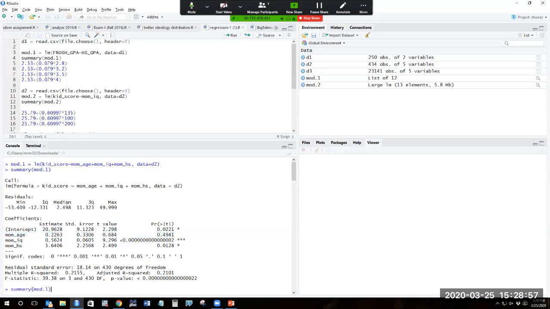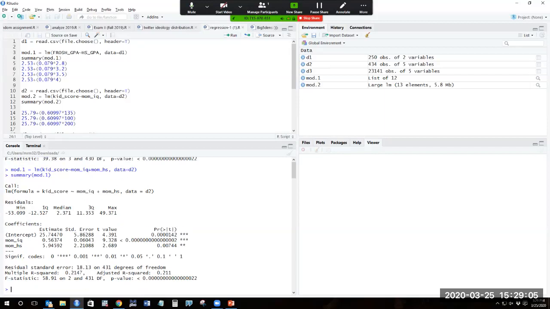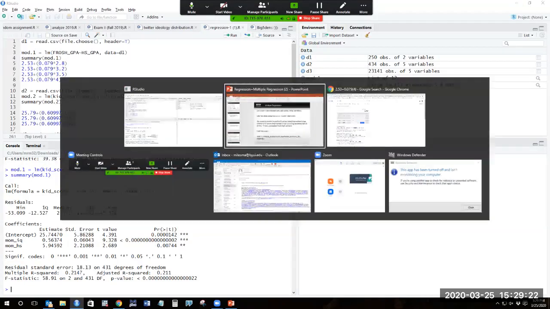So if I run this again, I get rid of mom age, the age of the mom, and run it again. You see how my R squared doesn't go down at all? This one does just a tiny, tiny bit. So basically, these two variables explain 21% of all the variation. So that's pretty good.